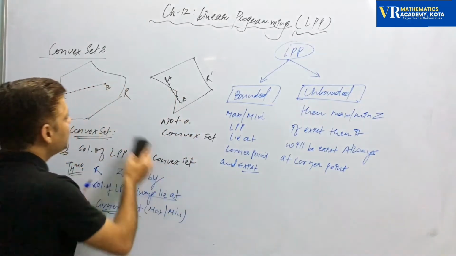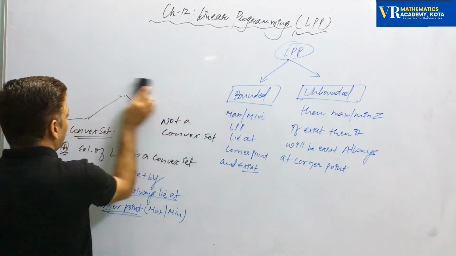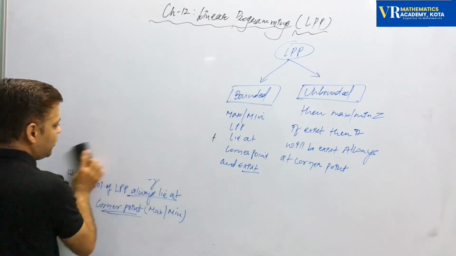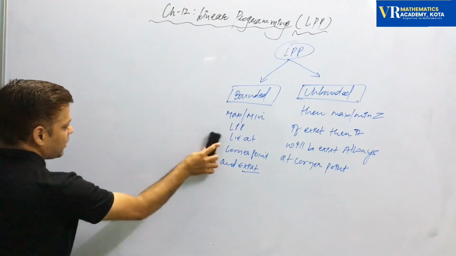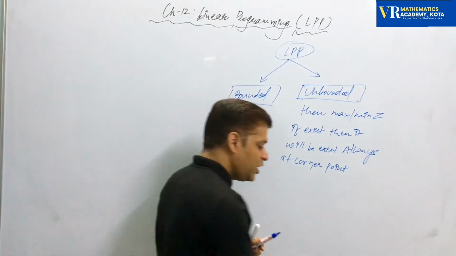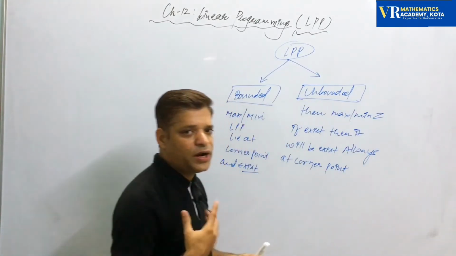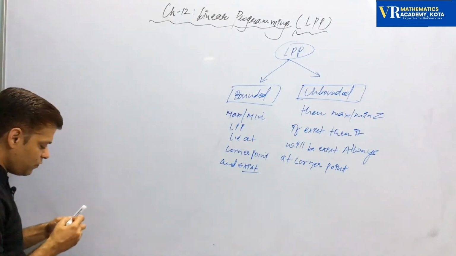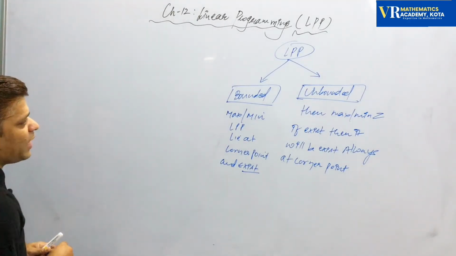The word problem we also have to change into the mathematical format. But here I just want to discuss a mathematical format of LPP to understand the concept of bounded, unbounded and the solution, that is, how we will find the solution of an LPP.